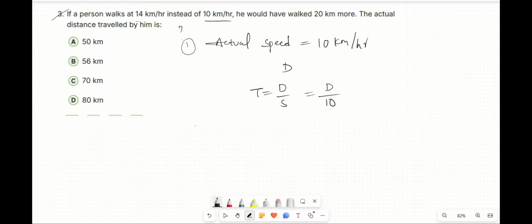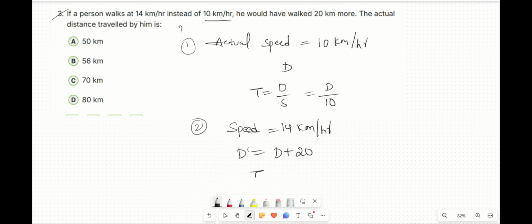So this is the first one, and for the second one, they told that if he walks at 14 kilometer per hour, he would have walked 20 kilometers more. So here the other speed is 14 kilometer per hour, and the distance he traveled is d plus 20, because he walked 20 kilometers more in the same time.